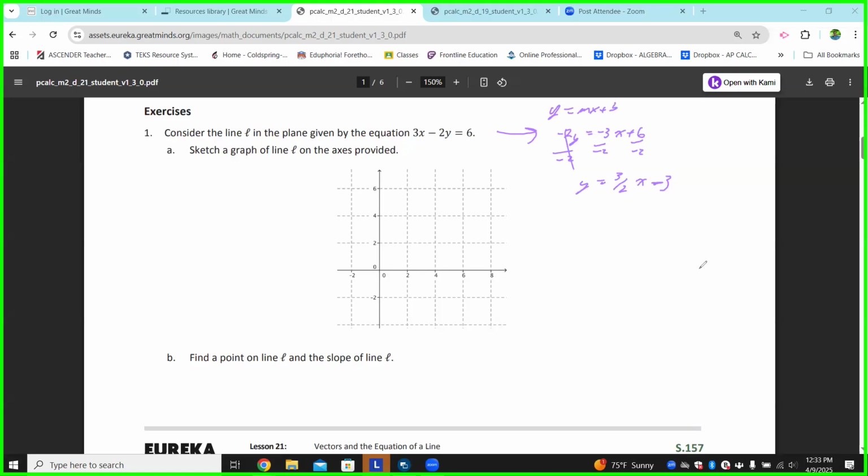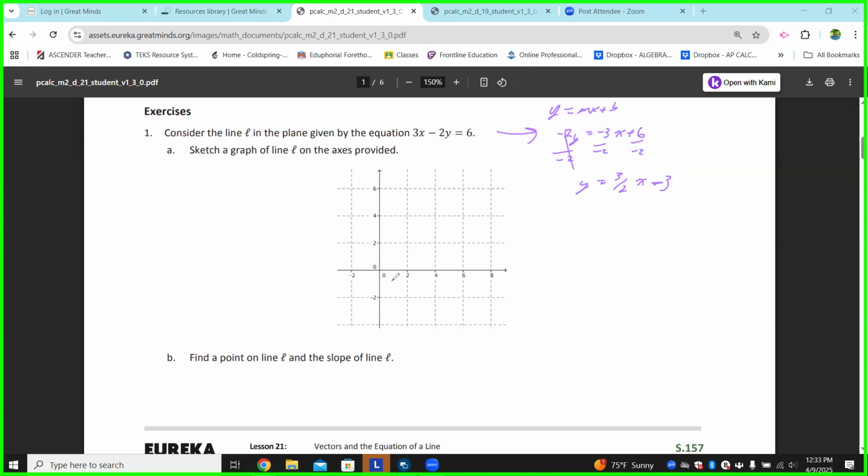Would that be a point? Not quite. What is your 3 halves? It's your slope, which just gives you a direction of where to get the next point. Which one of these numbers is a point? And what point is it? It's the y-intercept.